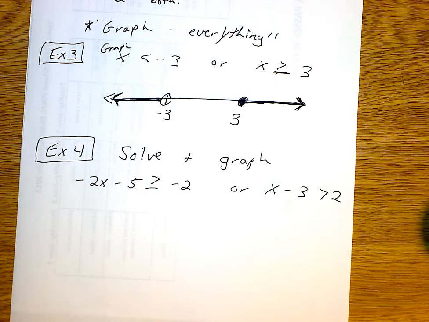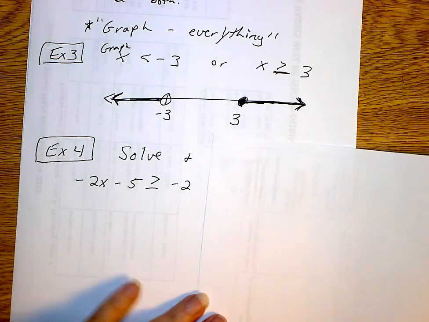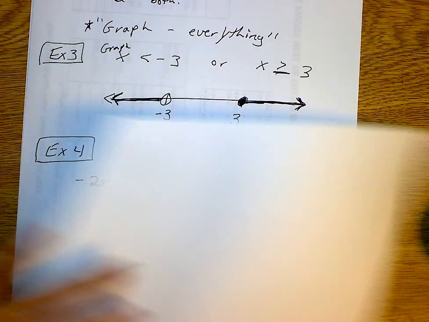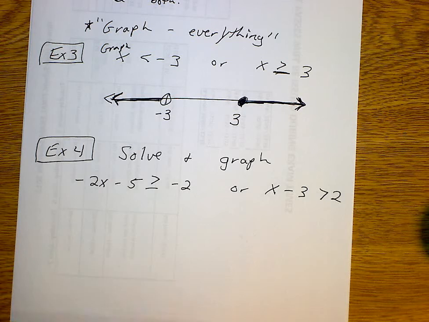You have to get the x by itself, but just so you know, it's like two problems. This is one problem, and that's a different problem. And you'll have two answers to these problems.